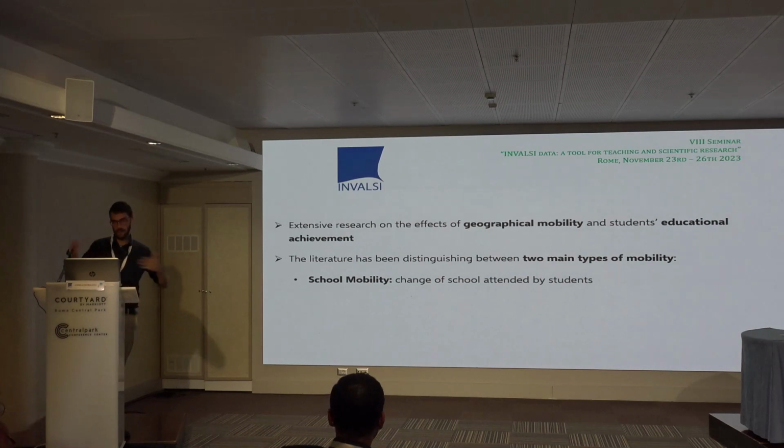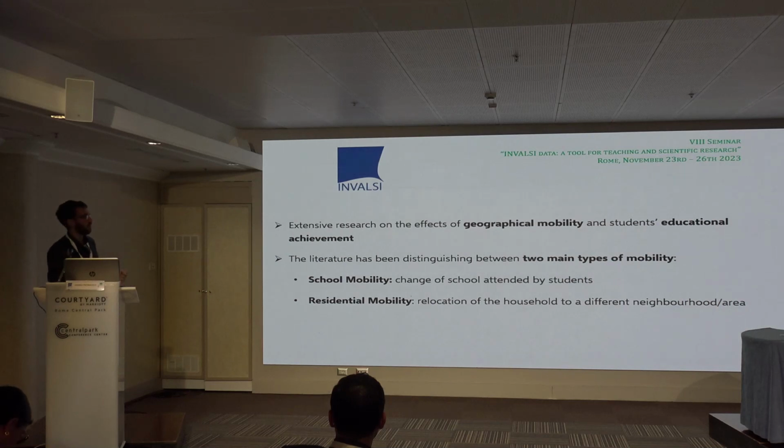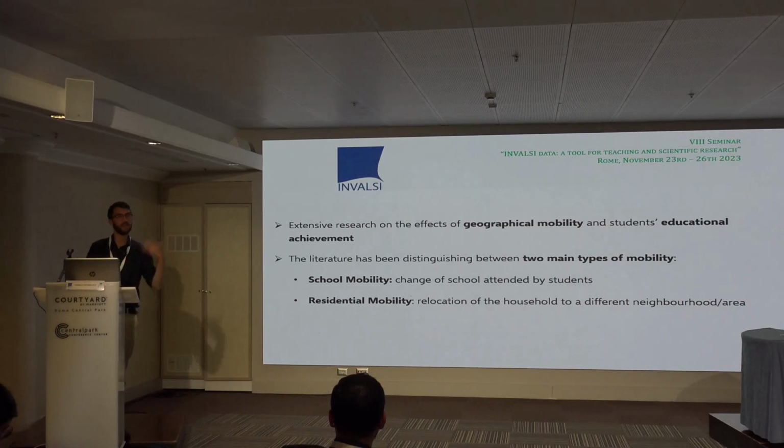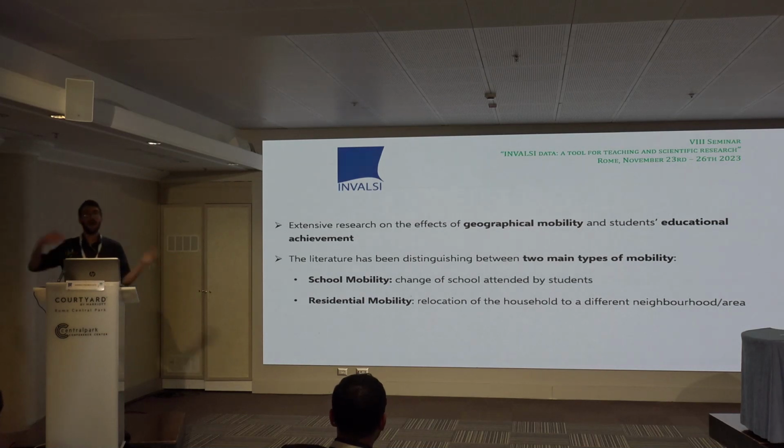This can also be divided into types: structural, so between one grade and another, one level and another, or not structural. It is commonly thought of in terms of mobility within a given year. The second is residential mobility, which accounts for the relocation of the whole household to a different area, a different part of the country, a different country, or a different neighborhood.